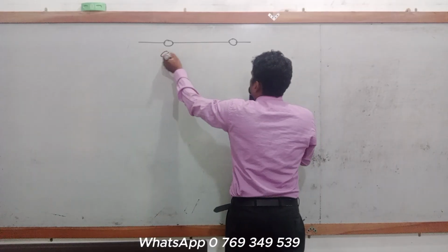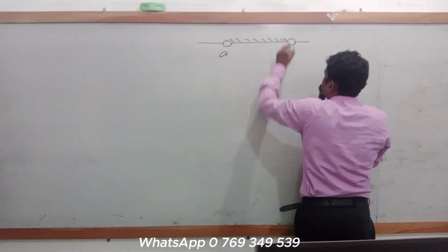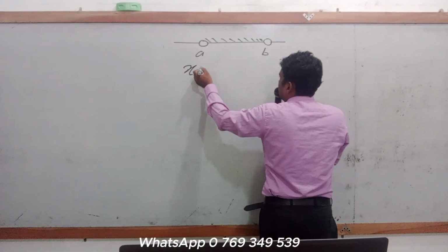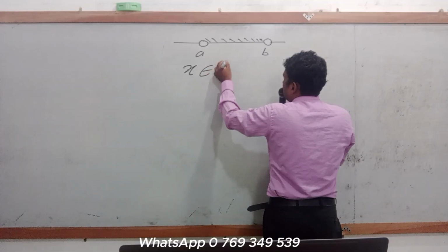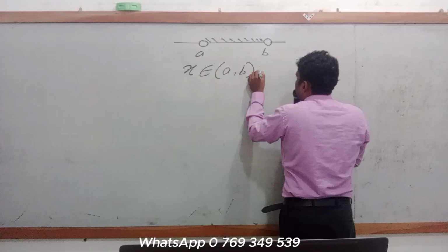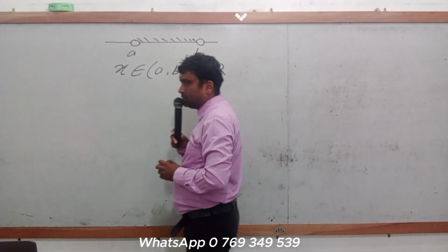You can say this is A and B. This is the open interval. We can write X belongs to (A, B), and X belongs to R.